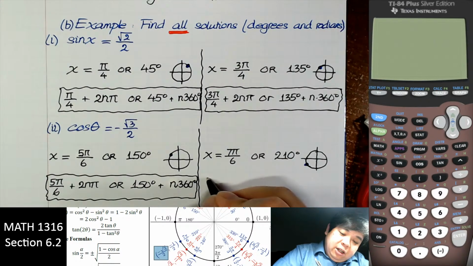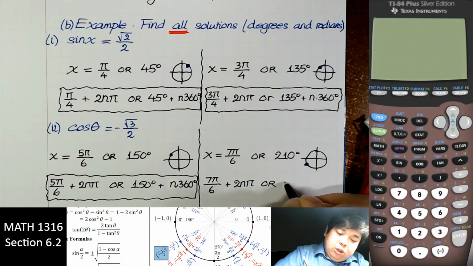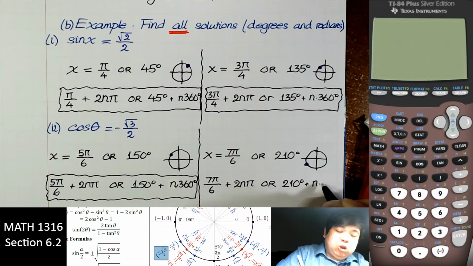And same thing here, we might have 7 pi over 6 plus 2n pi, or 210 plus n times 360 degrees.